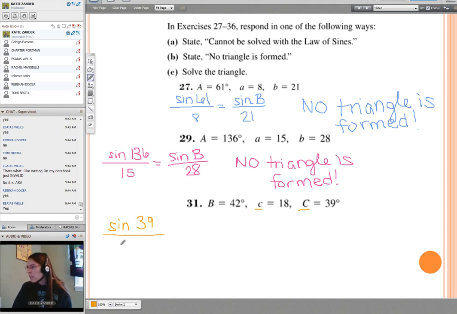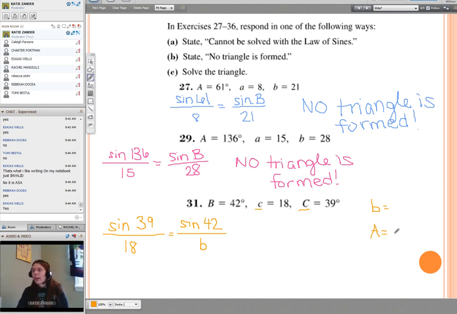Let's see. And technically, there were two different ways you could go here. You could find angle A first. Looks like I'm on the path to find side B, I should say. So it looks like we're looking for side B first, and then we'll come back and find angle A. So since it's a side, you do not need to use inverses this time around.